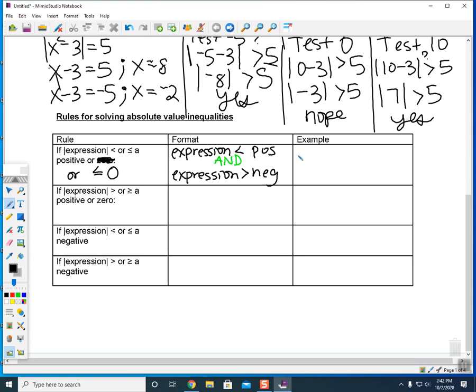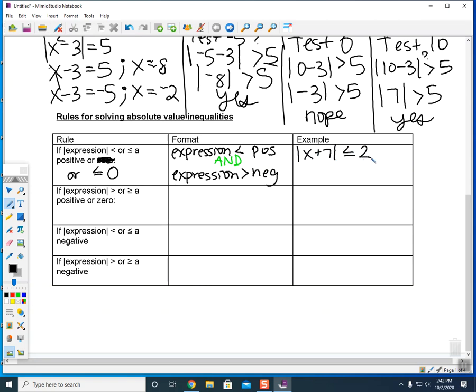So an example of this, I could do the absolute value of x plus 7 is, let's say, less than or equal to 2.